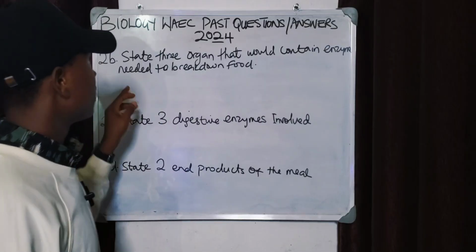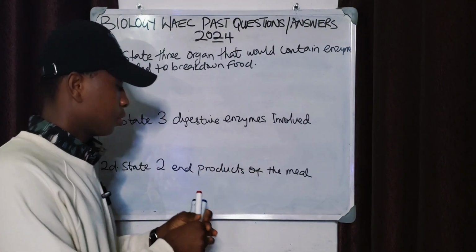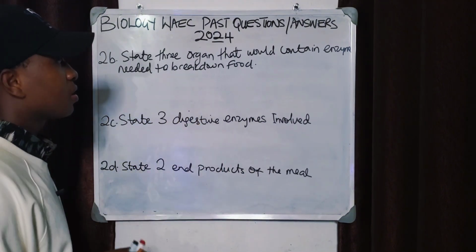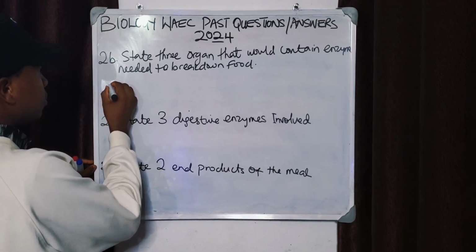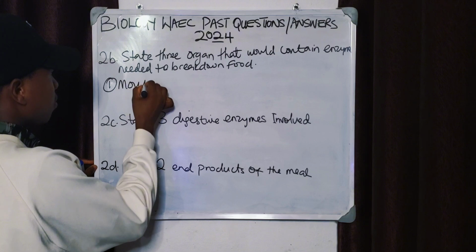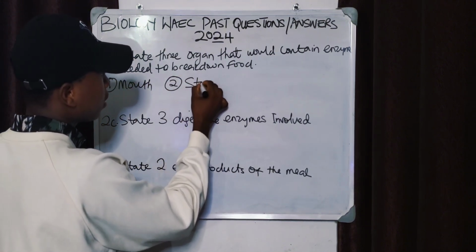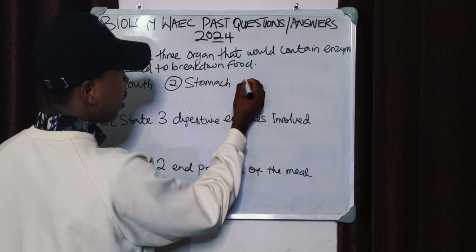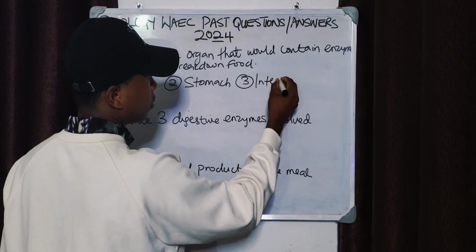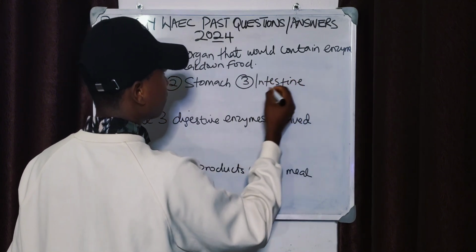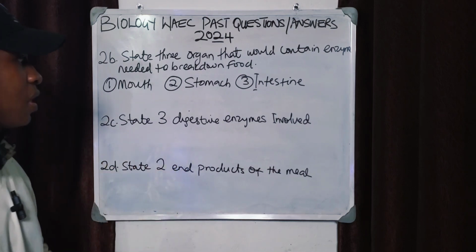So 2B: state three organs that would contain enzymes needed to break down the food. The three organs that would contain enzymes: number one, the mouth. Two, the stomach. And three, the intestine. All right, 2C says state three digestive enzymes involved.